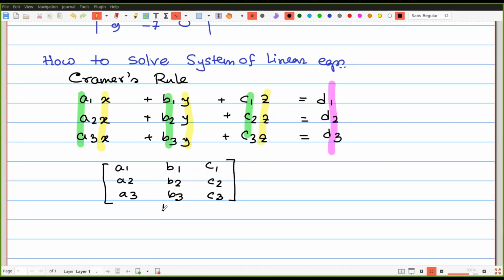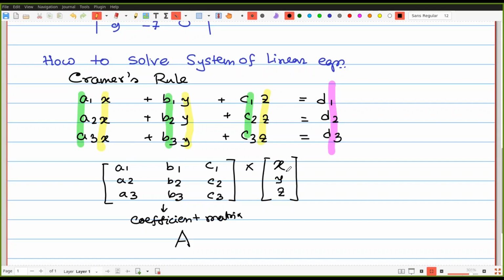That is called the coefficient matrix. Already we know. It is written as capital A normally. Then we have the variables x, y, z, and in the linear equations we have to write the same sequence. That means if it is x, y, z, we write the column matrix of the variable matrix also according to the row x, y, z.